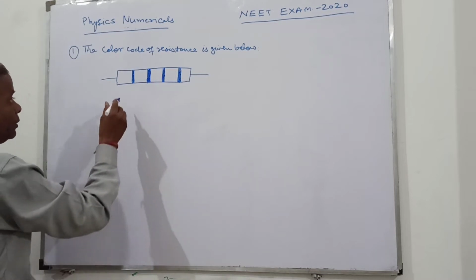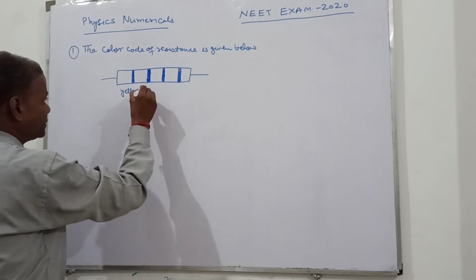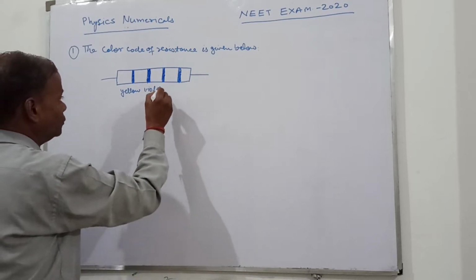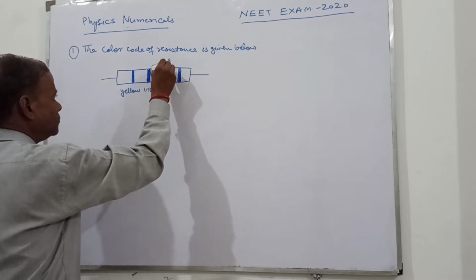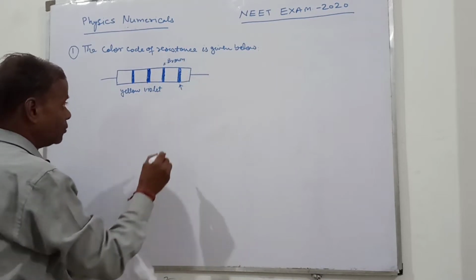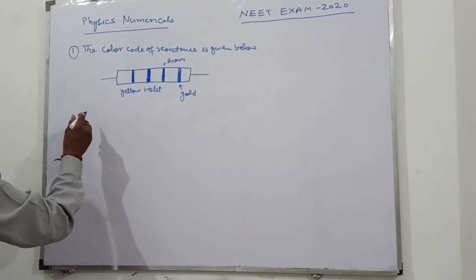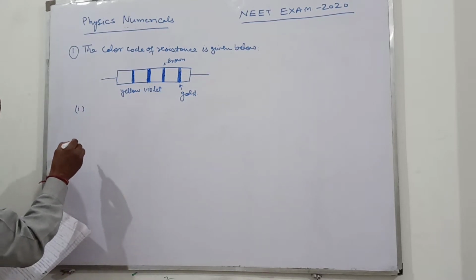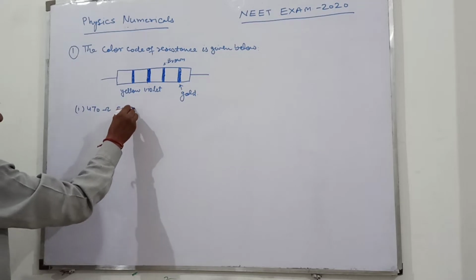the first is yellow, second is violet, third is brown, and the fourth is gold. Now your options are: number 1, 470 ohm 5%.